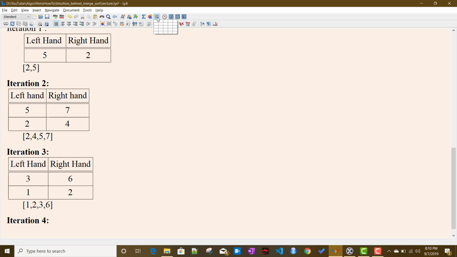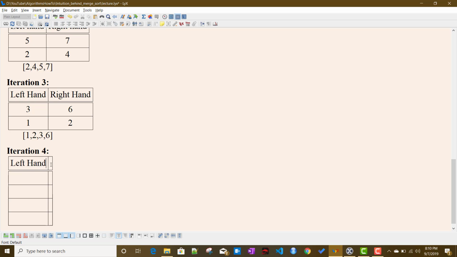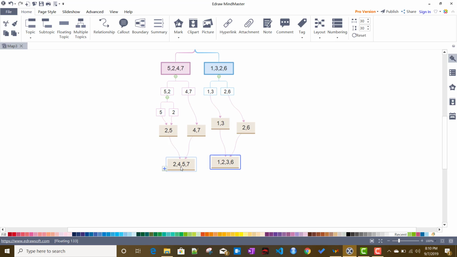So our table will be 5 into 2, correct? So in our left hand, similar way we will write right hand, here. So in our left hand, if I just arrange it in a descending order, 7 5 4 2, correct?